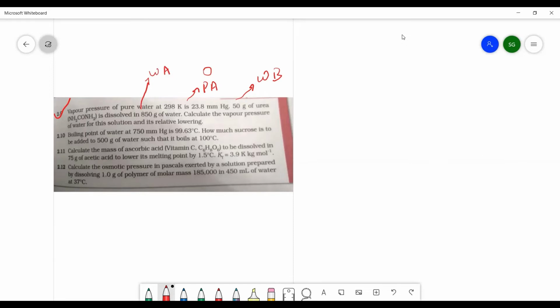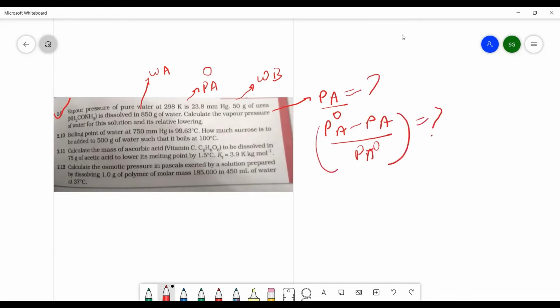Calculate the vapor pressure of water for the solution. That means we have to find out the value of PA and its relative lowering, that means PA naught minus PA upon PA naught. We have to find out these two values.